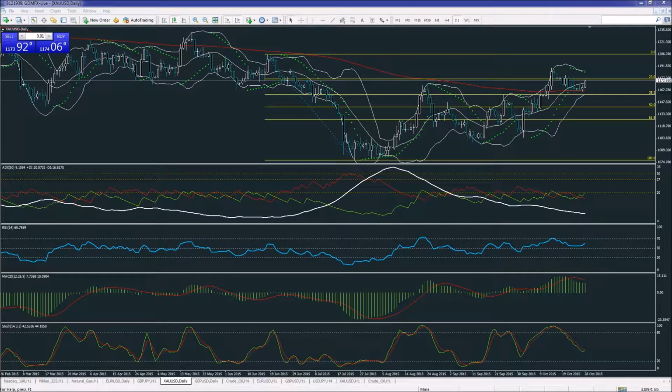And this is executed so far by the Bank of Japan and the European Central Bank, which is definitely negative for gold prices because it strengthens the US dollar.